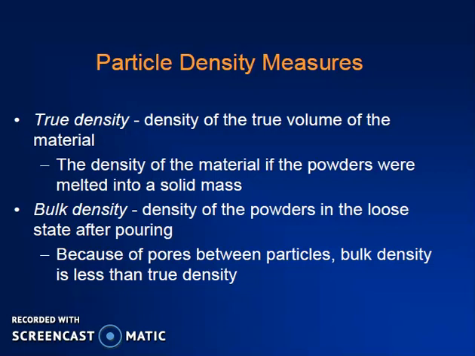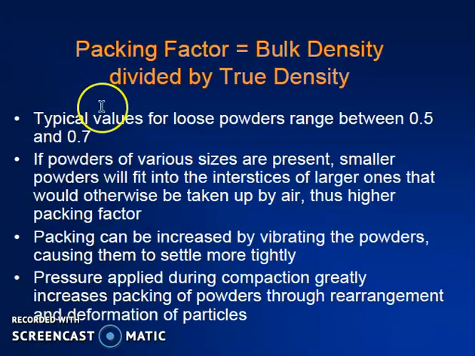Because of the pores between the particles, bulk density is less than the true density. So we know that bulk density is lesser than the true density. In true density, we consider it as a homogeneous, entirely integrated solid. The packing factor is equal to bulk density divided by true density.